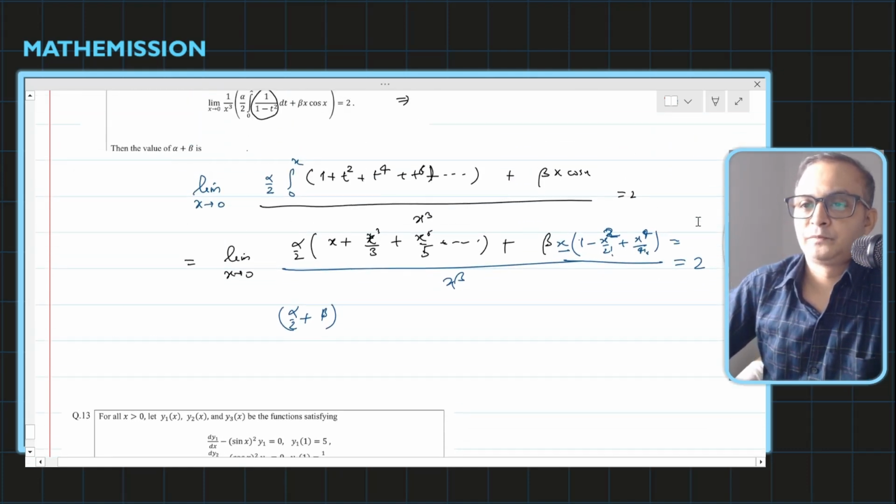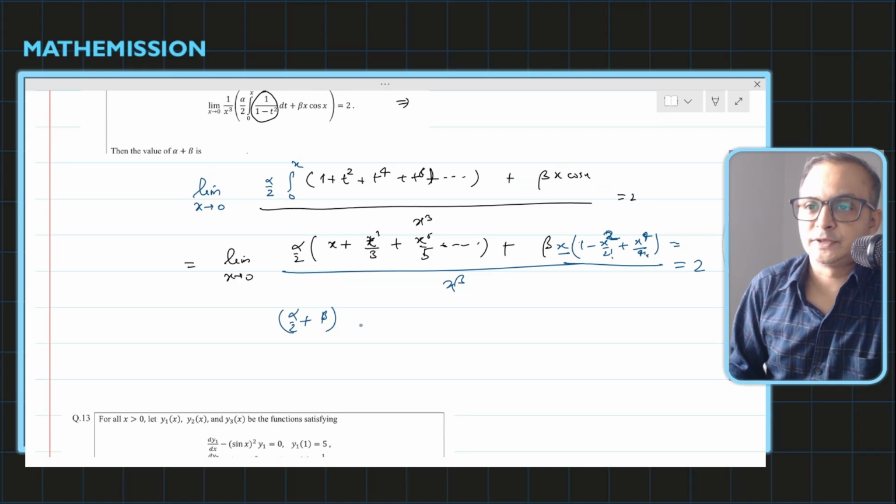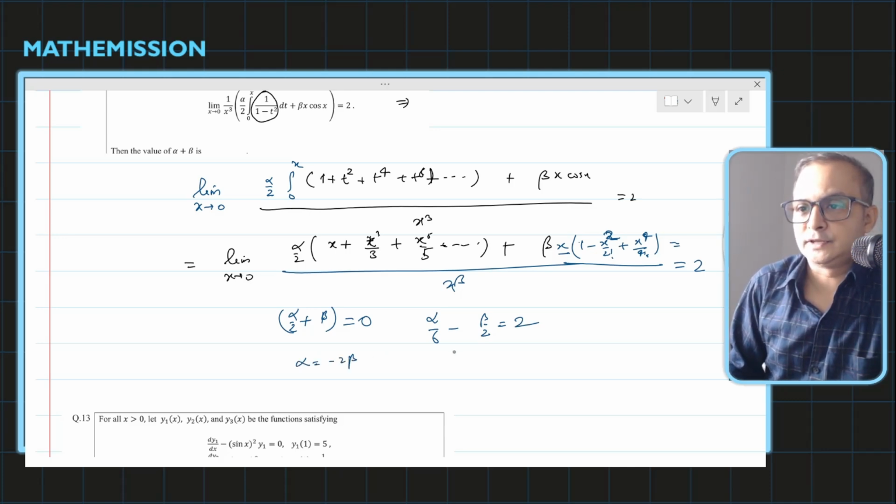So therefore, I have to write alpha by 2 plus beta as 0, and alpha by 6 minus beta by 2 is equal to 2. So I get alpha is equal to minus 2 beta. Let's substitute it here.